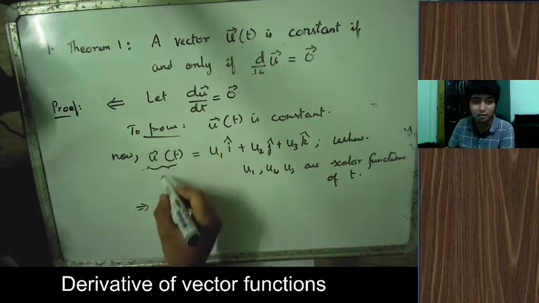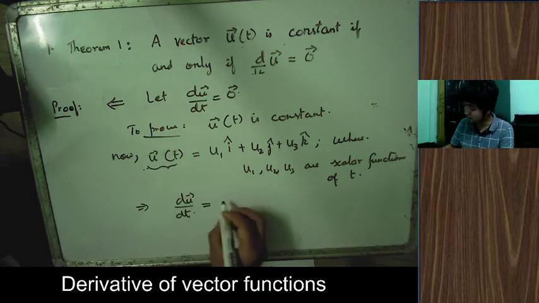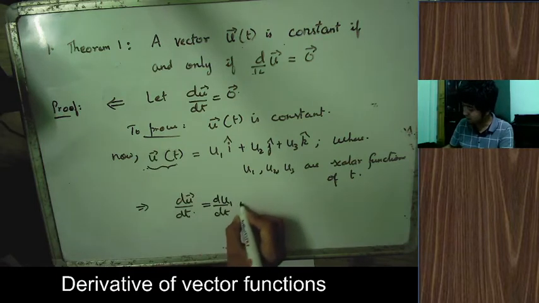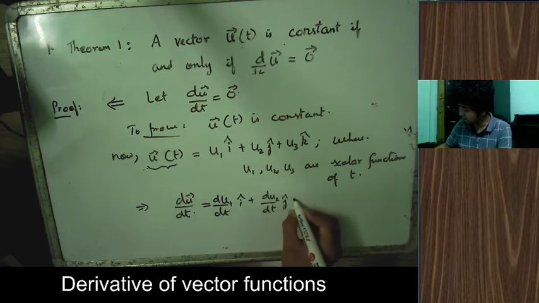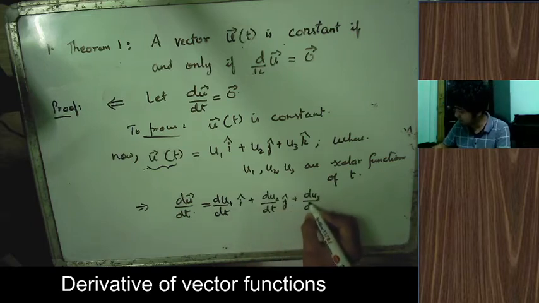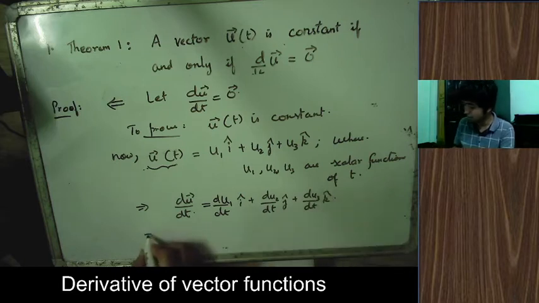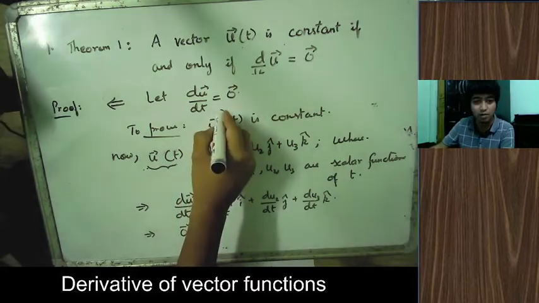But let us write it like this. du/dt will be du1/dt i plus du2/dt j plus du3/dt k. But du/dt is equal to 0 because we have assumed that.